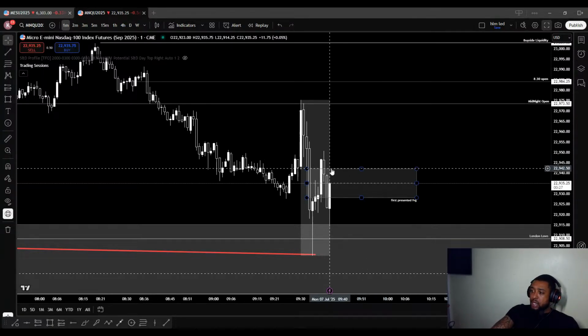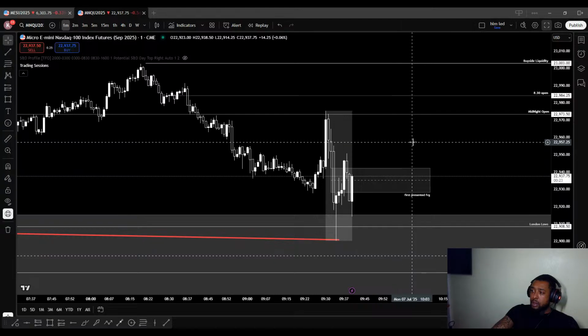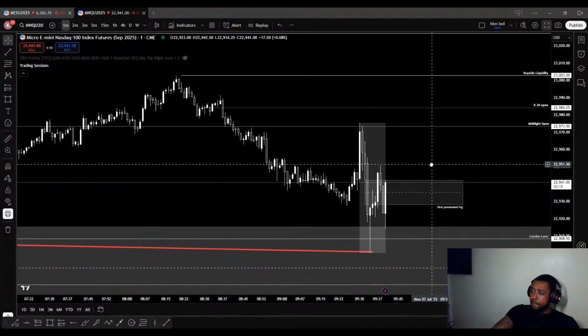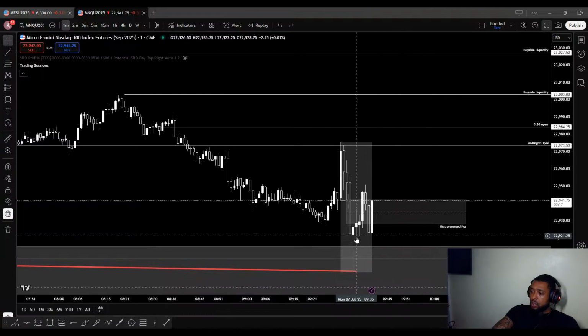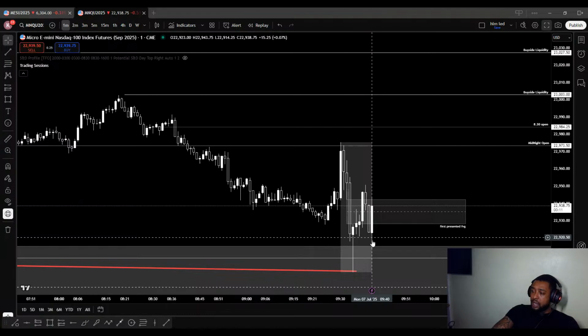Okay, if we end up getting a change in the state above here, I may get in. Because you see how it came down and it respected consequent encroachment of this wick as it came down.